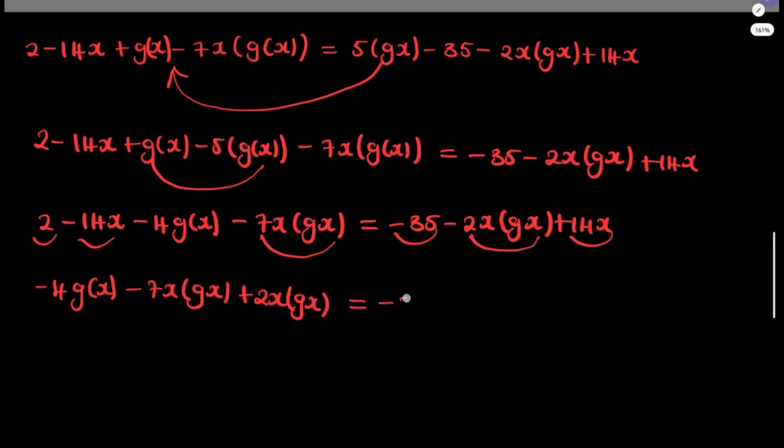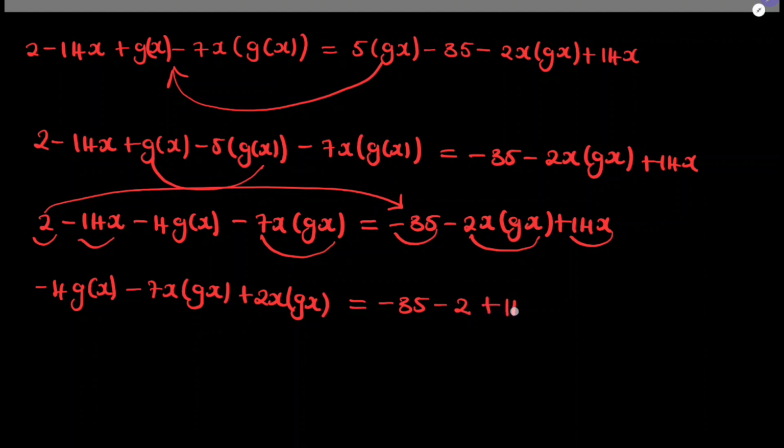So we will have -35, we take this 2 this way so it's going to be -2, and we take this minus 14x this way so that is plus 14x, plus 14x.